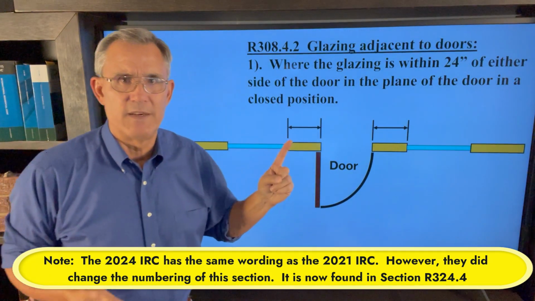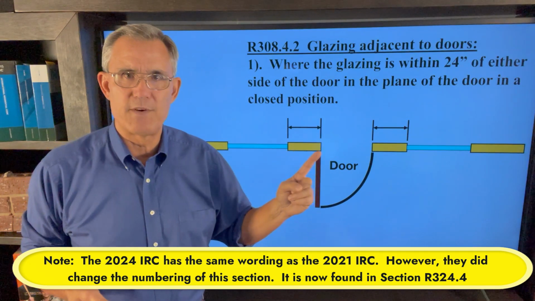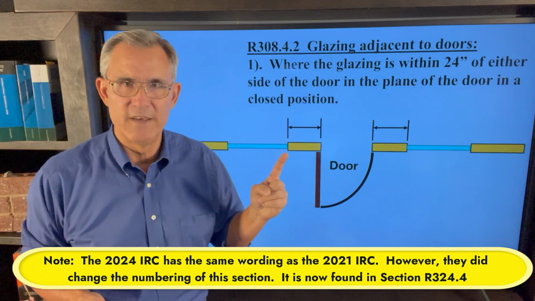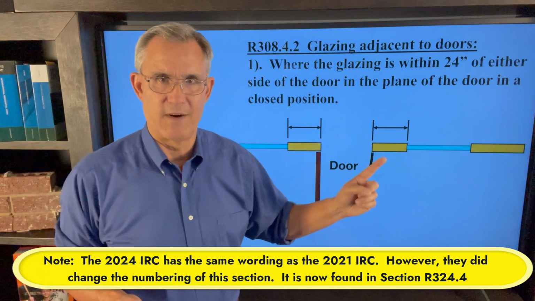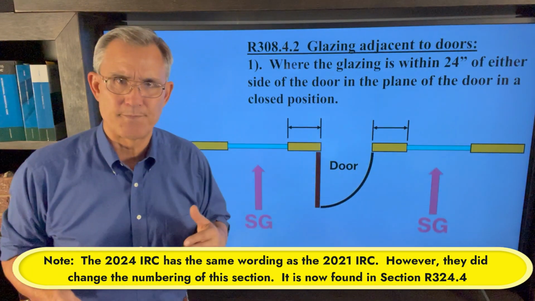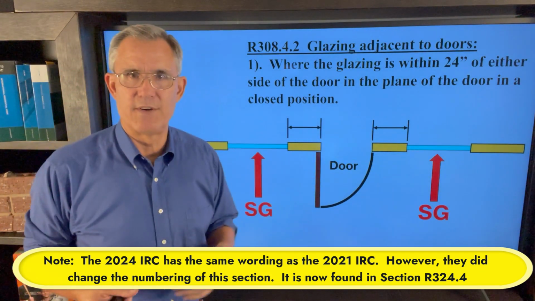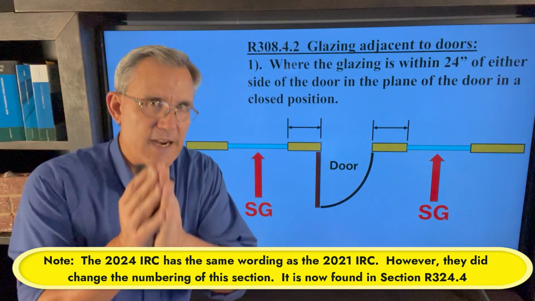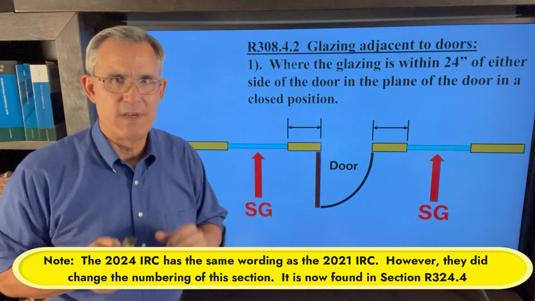So yes, if I measure within 2 feet from the door to the glass itself, this has to be safety glazing. Same thing over here. This is the plane of the door in a closed position. So yes, safety glass on both sides of the door. Life was so simple back then. But now there's a few more.